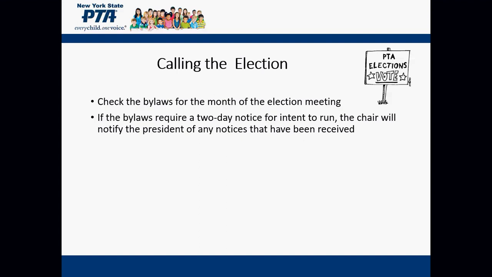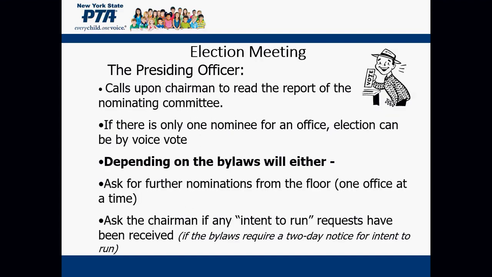A person must send in writing to the chair of the nominating committee, "I plan to run for president at the election meeting," and sign and date it, and it must be 2 business days prior to the election meeting. So we're now at the election meeting.